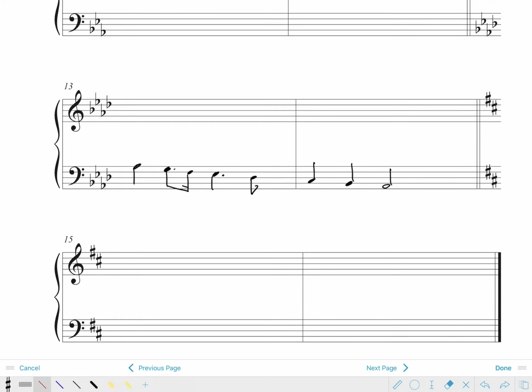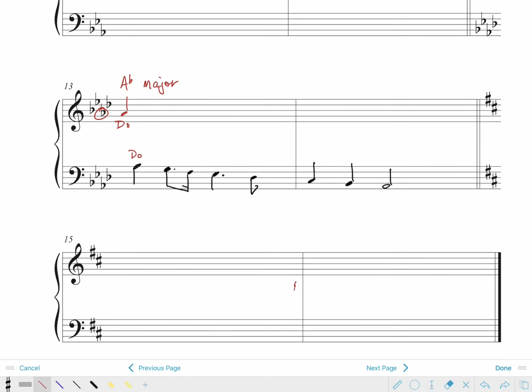Did you correctly identify the key as A flat major? You should have found the second to last flat and identified it as A flat, meaning that A flat major is do, or A flat is do. This note here is also do in the bass clef.